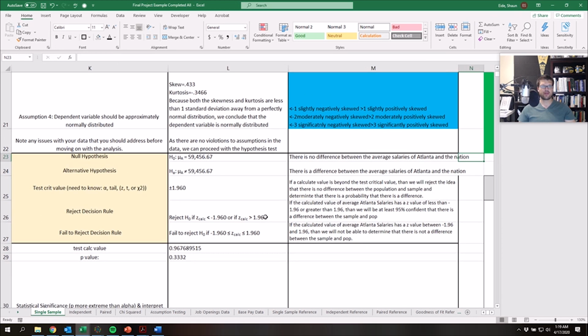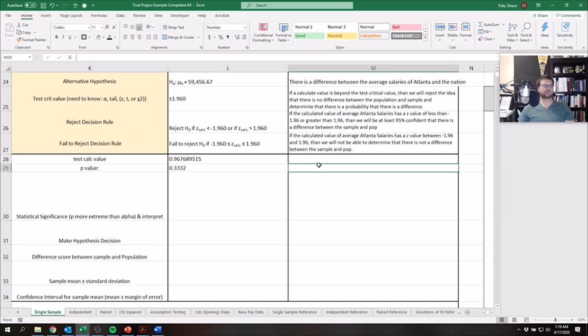And so what does that mean? The probability of having this particular result, assuming the null hypothesis is true, is 0.3332.